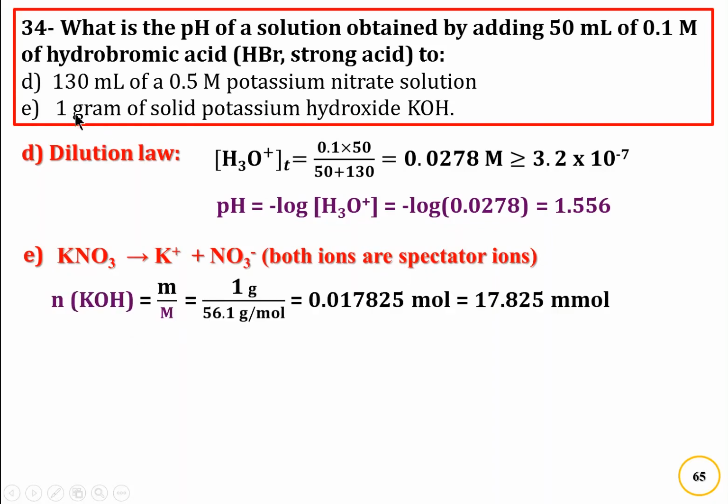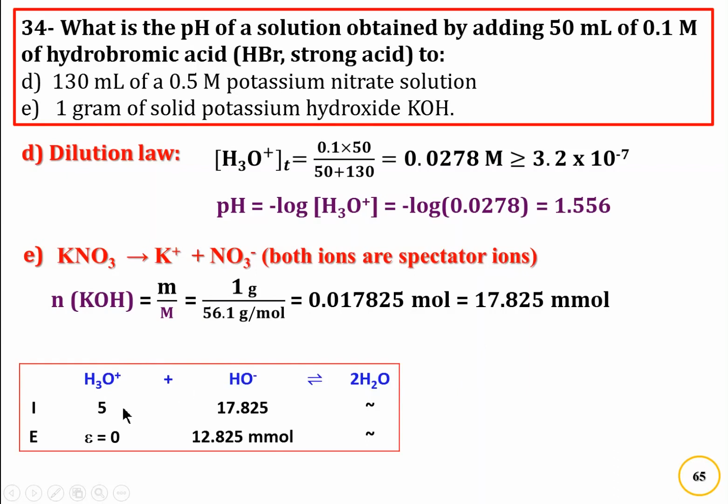In part E, we add to HBr, which is a strong acid, a strong base, OH minus. So in this case, we will have a reaction, and the reaction between the strong acid and the strong base is complete. So first we calculate the number of moles of KOH, which is mass divided by the molar mass, and we obtain 17.82 millimole.